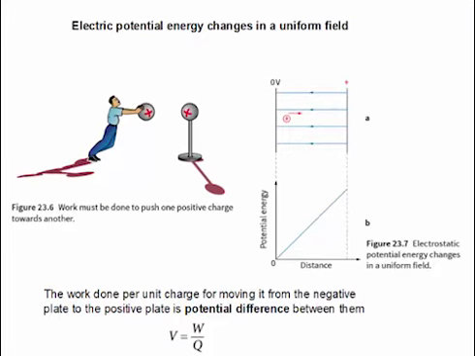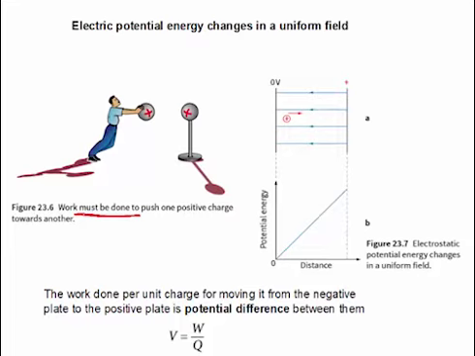Here is, for example, what we talked about. There is a stationary positive charge. If you want to bring another positive charge toward it, you have to push the positive charge.